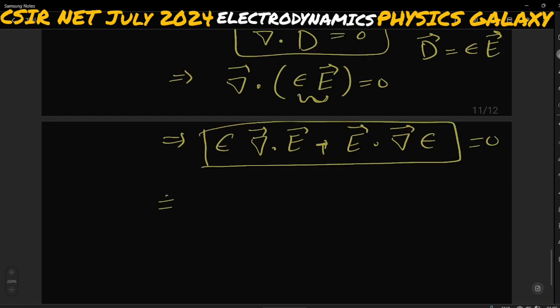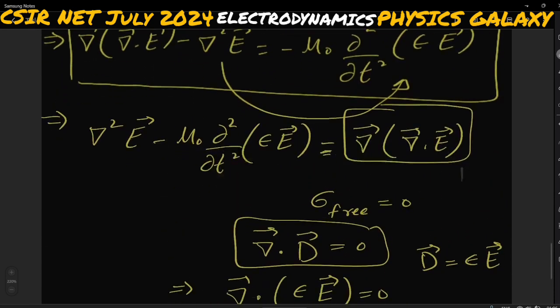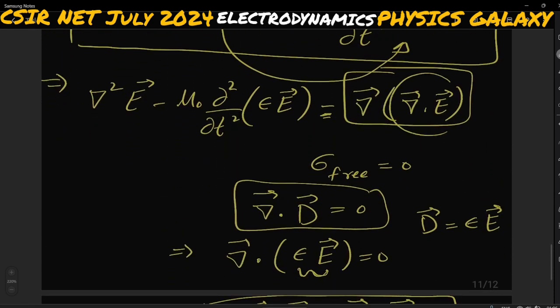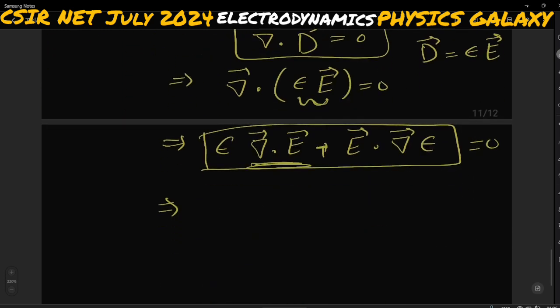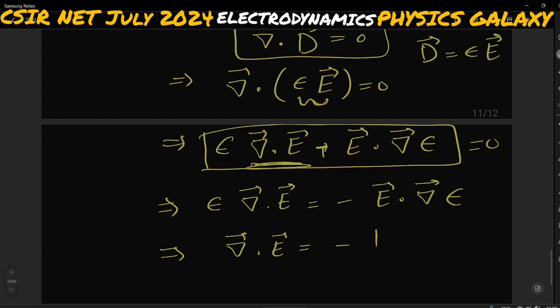So from this we'll get divergence of E, because we have to substitute divergence of E. Here epsilon divergence of E equals to minus E dot gradient of epsilon, or you can write simply divergence of E equals to minus 1 over epsilon E dot gradient of epsilon.